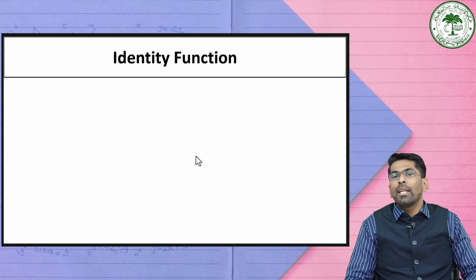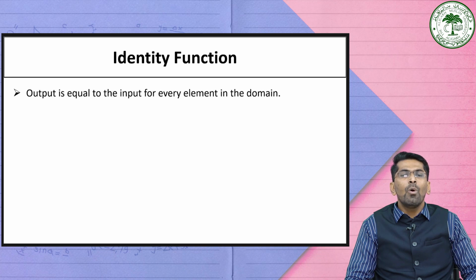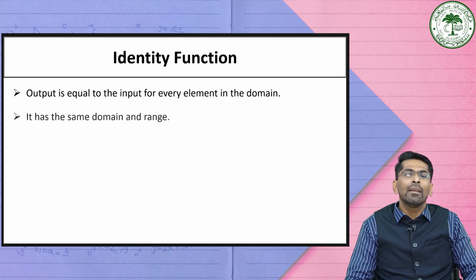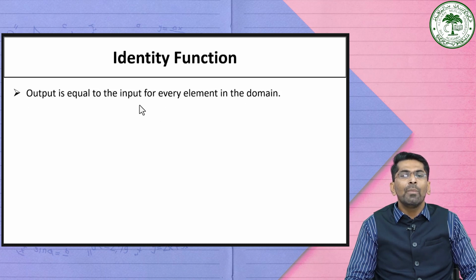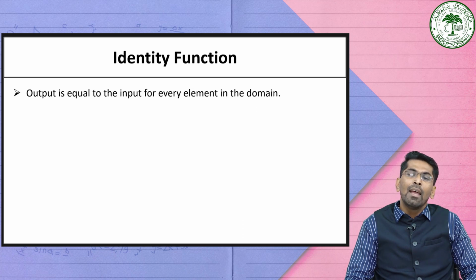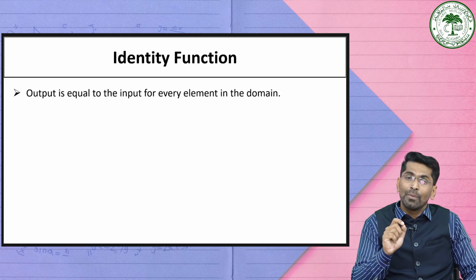Now there is another type of function which is known as the identity function. It is a specific type of function where the output is equal to the input for every element in the domain. It means that an identity function maps each element to itself.